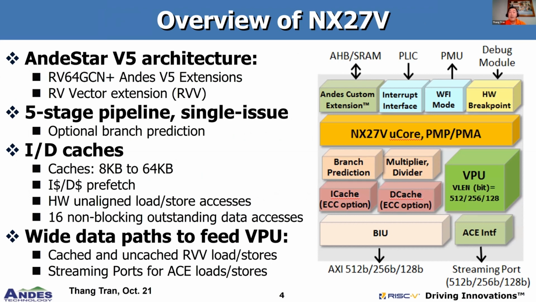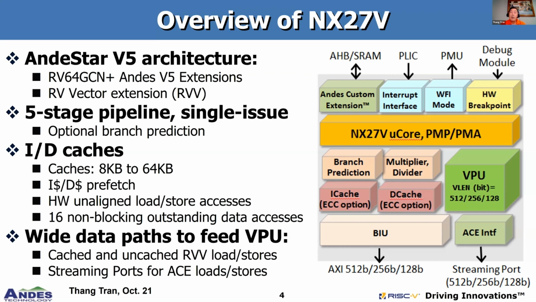The Andes V5 microprocessor is used. It is a simple 64-bit 5-stage pipeline. The microprocessor has many options, including branch prediction, instruction and data cache, multiply, divide, and of course, VPU and FPU. The load store unit also handles hardware unaligned addresses and non-blocking cache access for VPU.